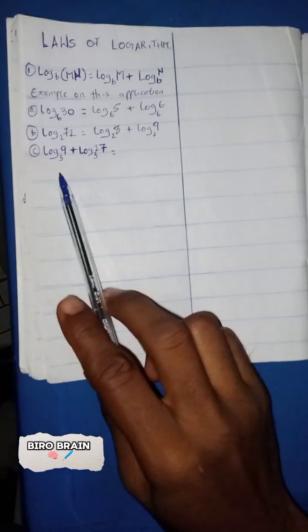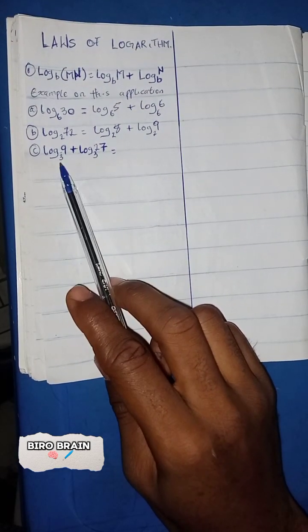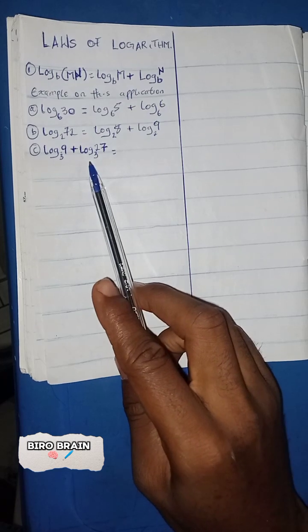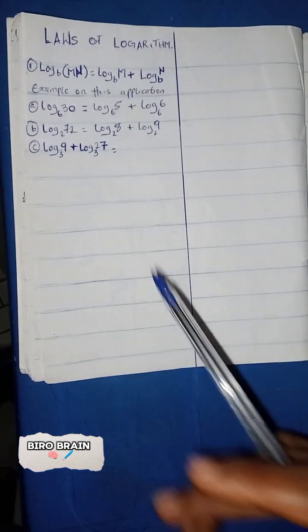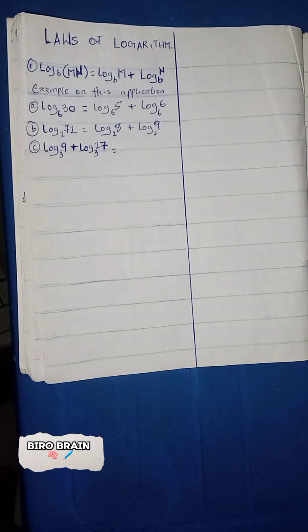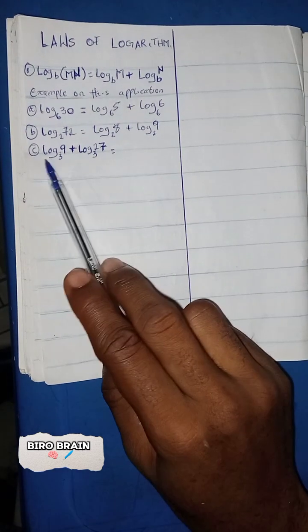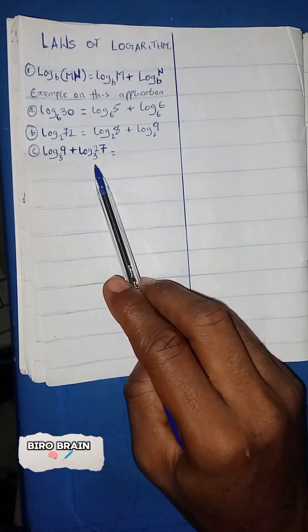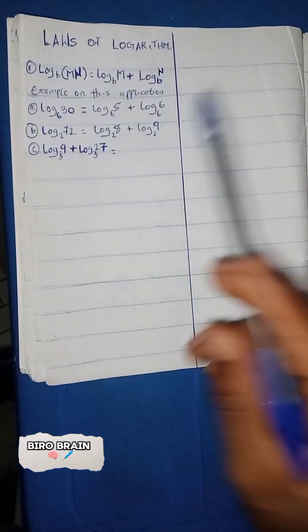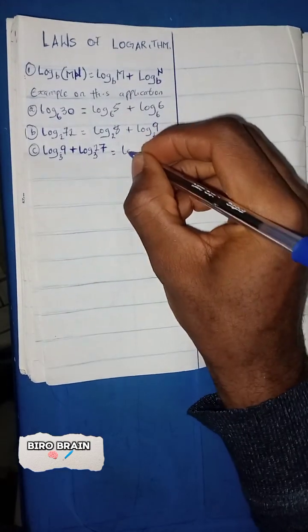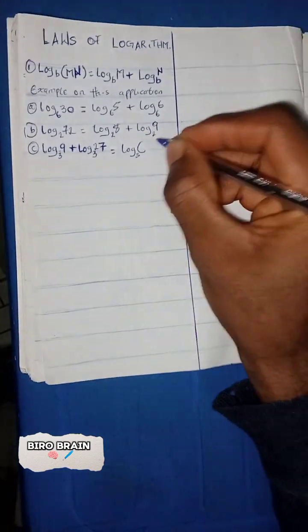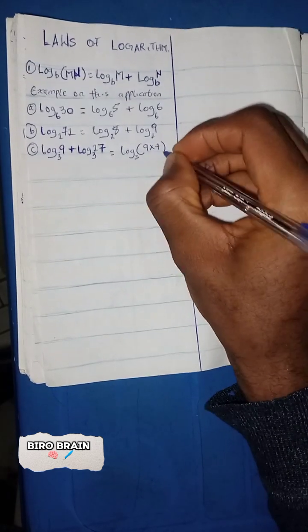Let's take more examples on this same application. We're having log 9 base 3 plus log 27 base 3. We all know in logarithm plus means multiplication, and multiplication means plus. So we'll multiply these two numbers: log base 3 of 9 times 27.